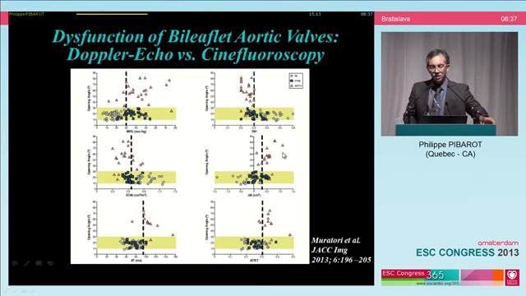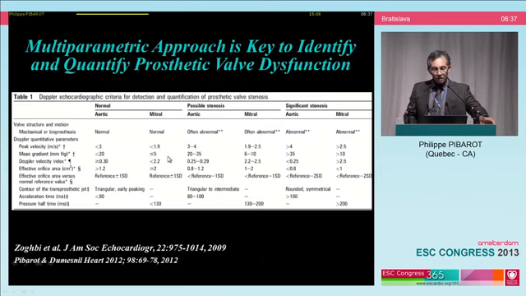And of course, the larger the difference, the more likely the presence of a dysfunction, and we'll come back to this interesting issue. So I think the message is that there is no perfect parameter, no perfect cut point, and we should use a multi-parametric approach to identify and quantify prosthesis dysfunction.